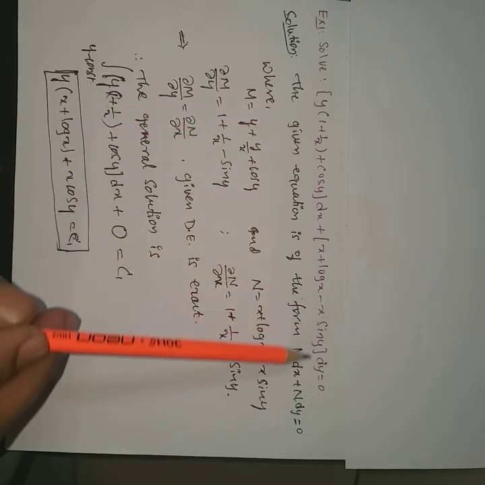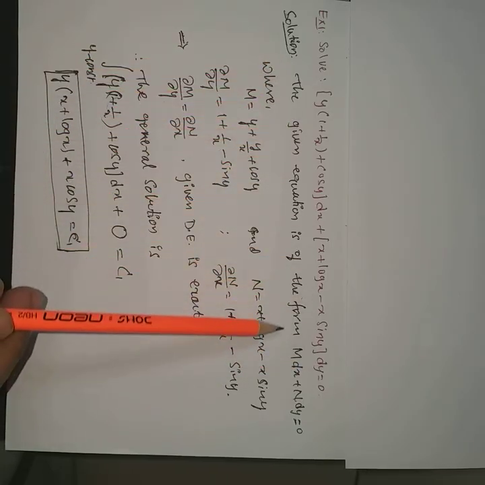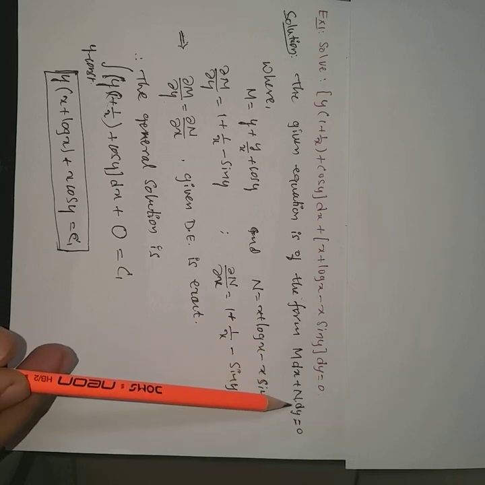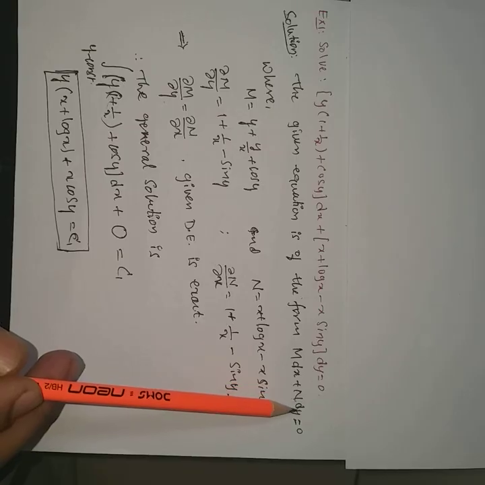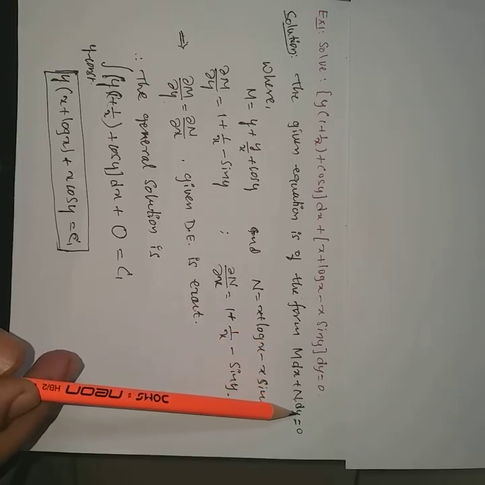Observe this equation carefully. The given equation is of the form M dx plus N dy equal to 0, where M is the coefficient of dx and N is the coefficient of dy.